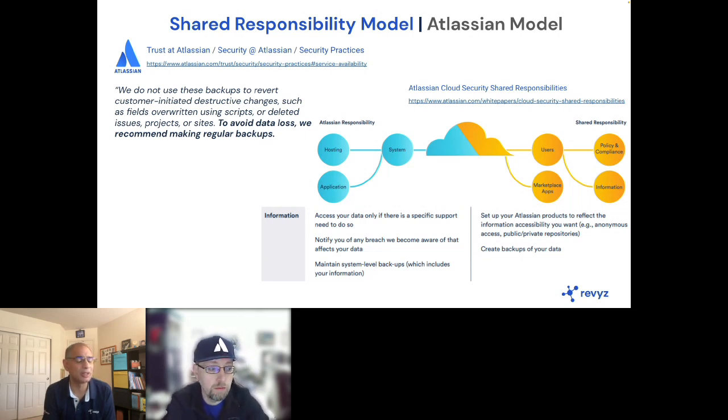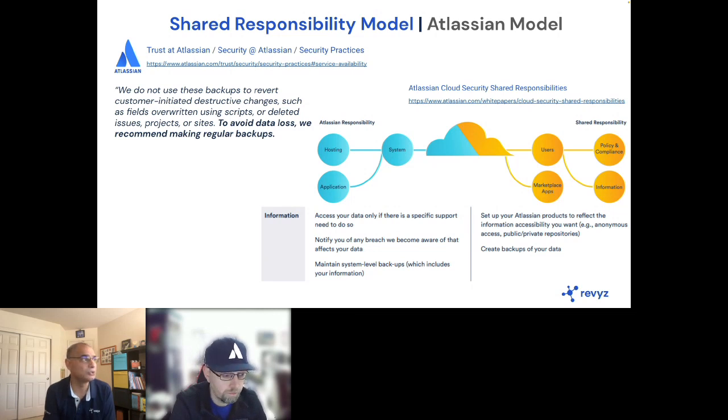Now, one of the misconceptions which a lot of people have goes back to the first question which I had for the audience out here, which is who's responsible for the data? What happens when data is lost in the cloud? While Atlassian is responsible for all the infrastructure, and they do take regular backups and so on, their responsibility is in making sure that the application is up and running and the infrastructure is up and running according to the SLAs which they publish.